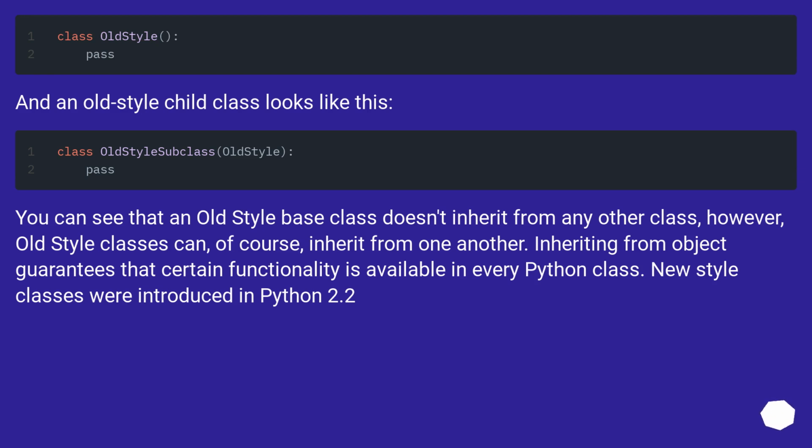You can see that an old-style base class doesn't inherit from any other class. However, old-style classes can, of course, inherit from one another. Inheriting from object guarantees that certain functionality is available in every Python class. New style classes were introduced in Python 2.2.